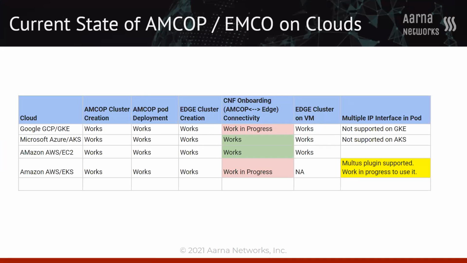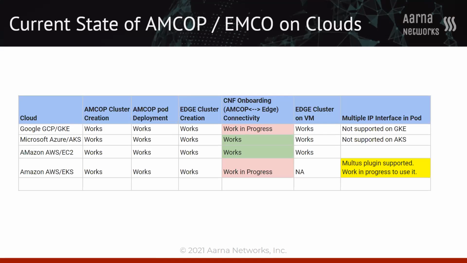On Google GCP and GKE, the Multus plugin is not supported. As a result, we had to create two separate VMs, tie them together, build our own cluster on top of it, and then use that for the deployment of AMCOP as well as the CNFs that we were trying to deploy.